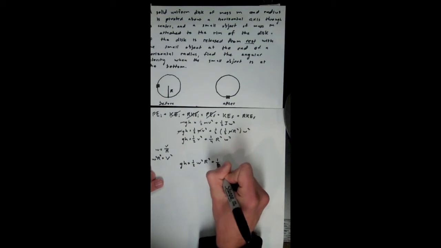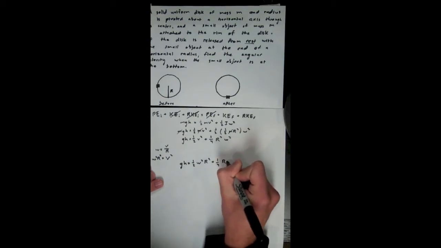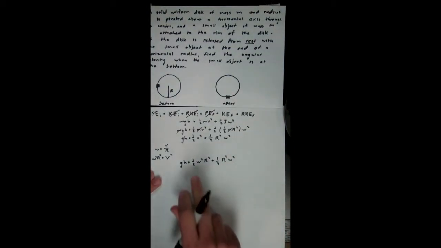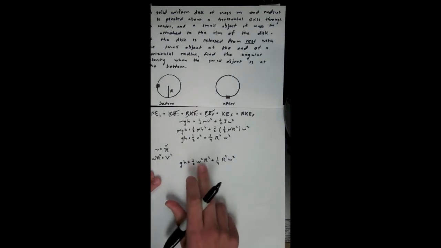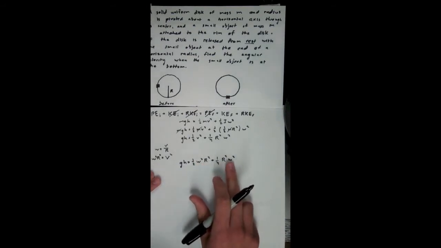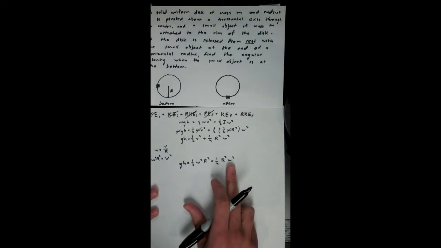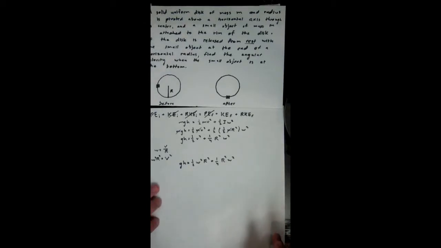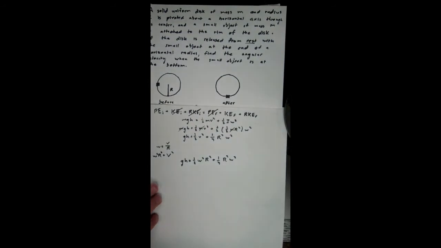Plus 1/4 R squared omega squared. So now it's interesting, these two terms look really alike. You have omega squared R squared here and omega squared R squared here. And since you're solving for omega, that comes in really handy. So try to see where you can get from here. You could pause the video now and see if you can work through the rest of this.